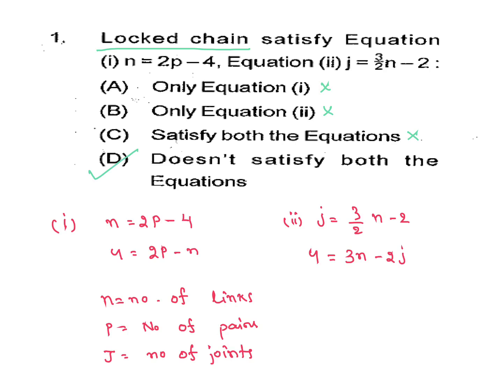For a locked chain LHS is greater than RHS. Here in equation 1 LHS is equal to RHS, in 2 also LHS equal to RHS. So it does not satisfy both the equations for a locked chain. Option D is our answer. This type of question they are asking in the GATE examination also, and in IES also they are asking this type of questions.